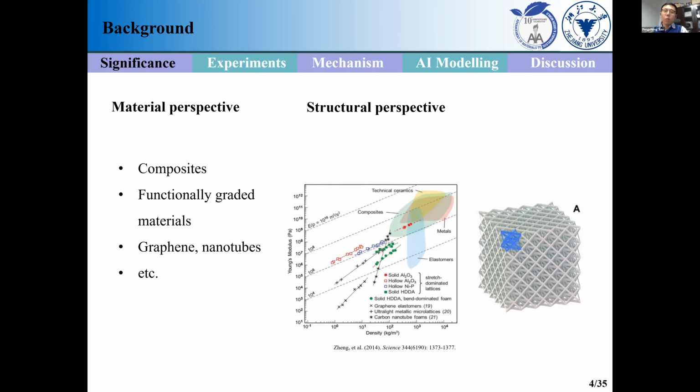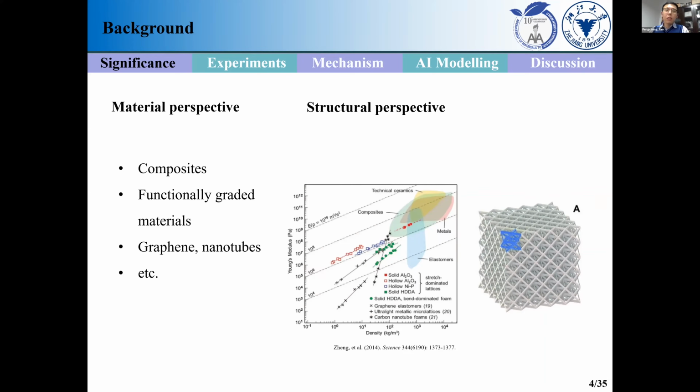Like the length, width, height, but the mechanical performance could be extremely enhanced, such as the Young's modulus, the density. And we call this kind of structural-based strategy mechanical metamaterials.